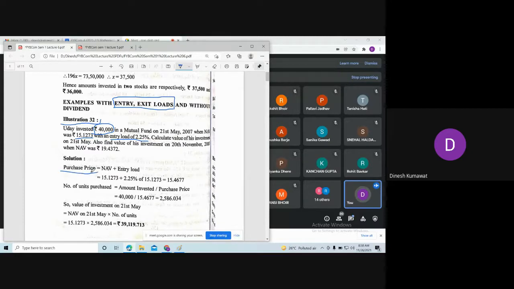So purchase price is net asset value on purchase plus entry load on the net asset value of purchase. First find 2.25% of 15.1273, then add that amount to 15.1273. Please let me know, are you getting the same answer or not?